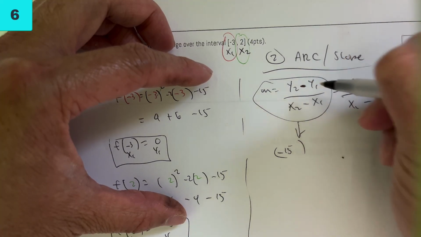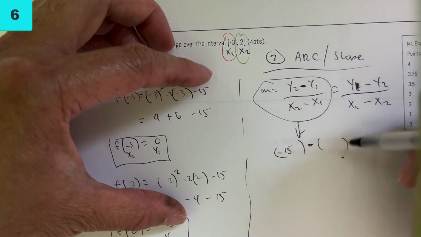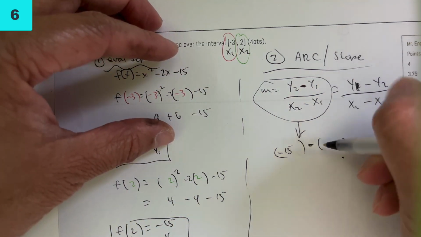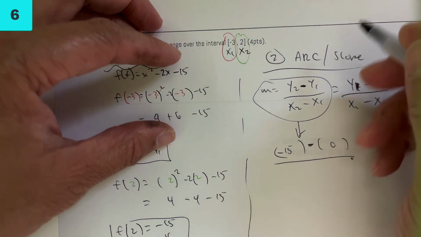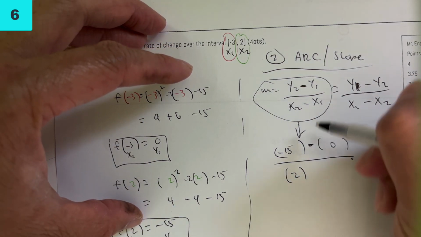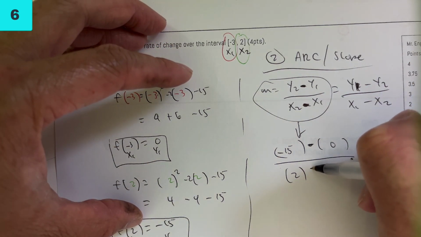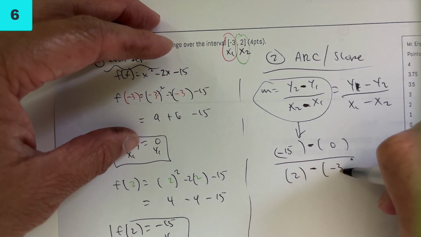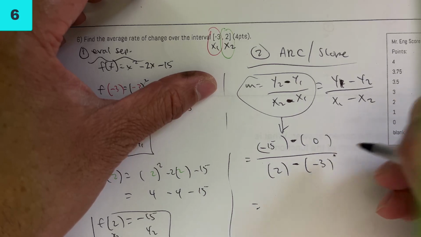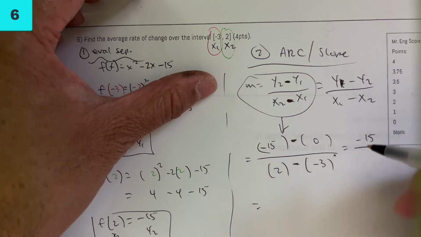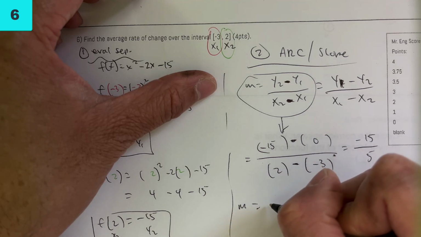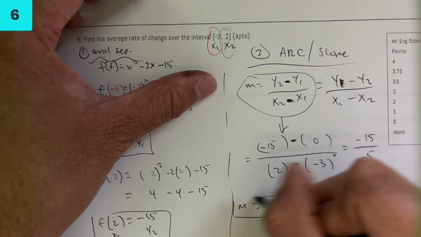Remember, the minus sign must be there. y1 is 0. And then the x2 value is 2. Remember the minus sign. x1 is negative 3. So negative 15, that becomes plus, and that would be an average rate of change or slope of negative 3.